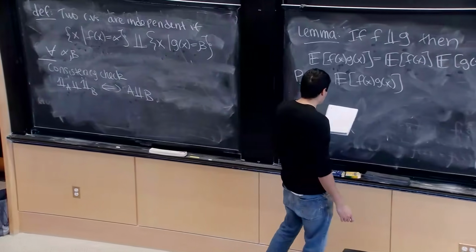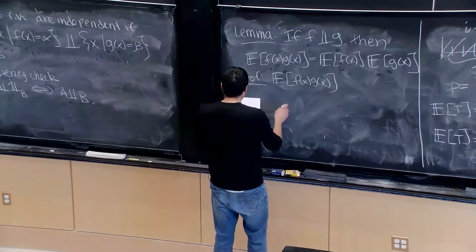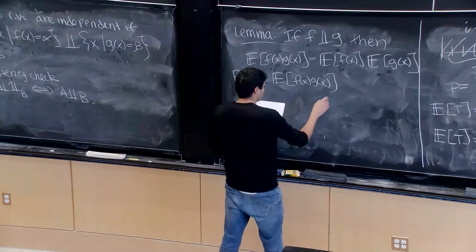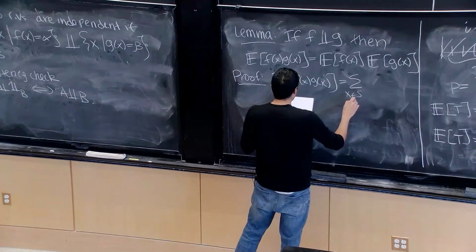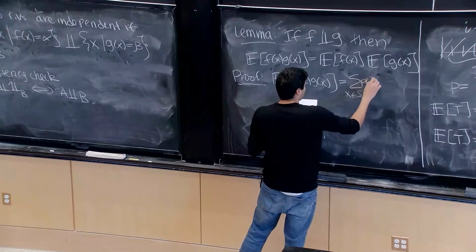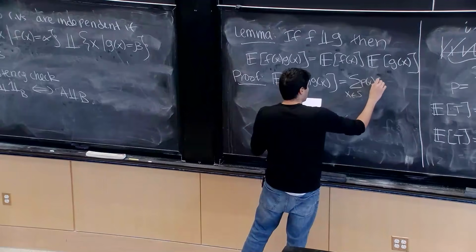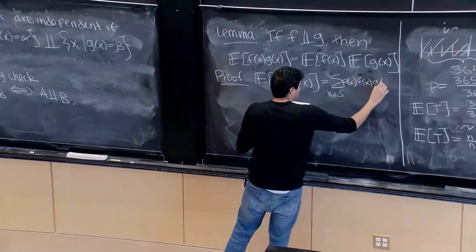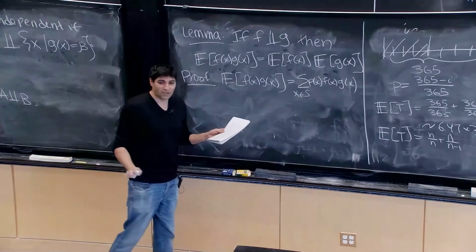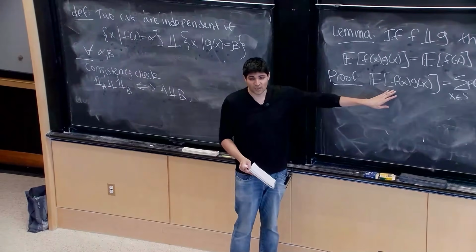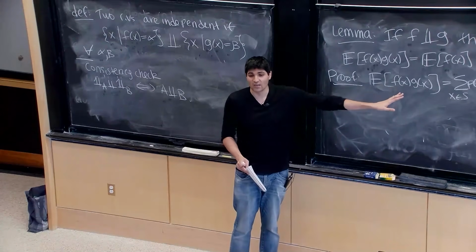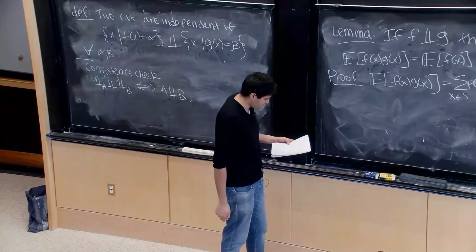So I can take its expectation just by literally using the definition of the expectation. It's the sum over all x's in the sample space of p of x, the probability of that event, times f of x times g of x. I haven't done anything here. I've just literally used the definition. Whatever this monstrosity is, it's a random variable, and this is the definition of its expectation.